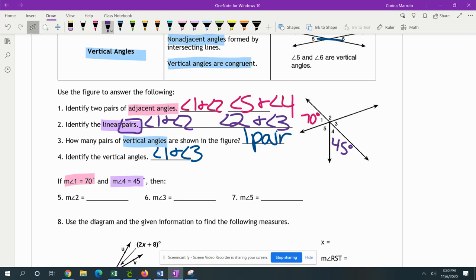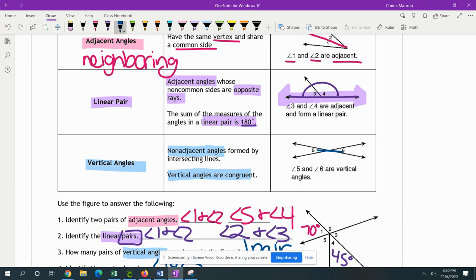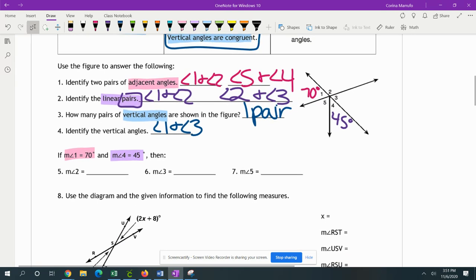Okay, so from this information, we need to remember 2 things. The first thing is that vertical angles are congruent, meaning that they're equal. Okay, the next thing that we need to remember is that a linear pair is going to add up to 180 degrees. So because angle 1 is 70 degrees, then that means that angle 3 is also 70 degrees because these are vertical angles. So angle 3 is 70.